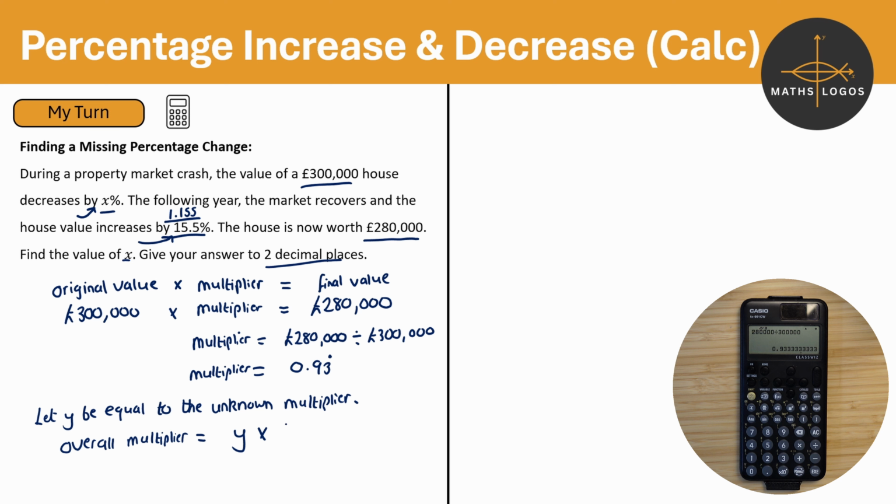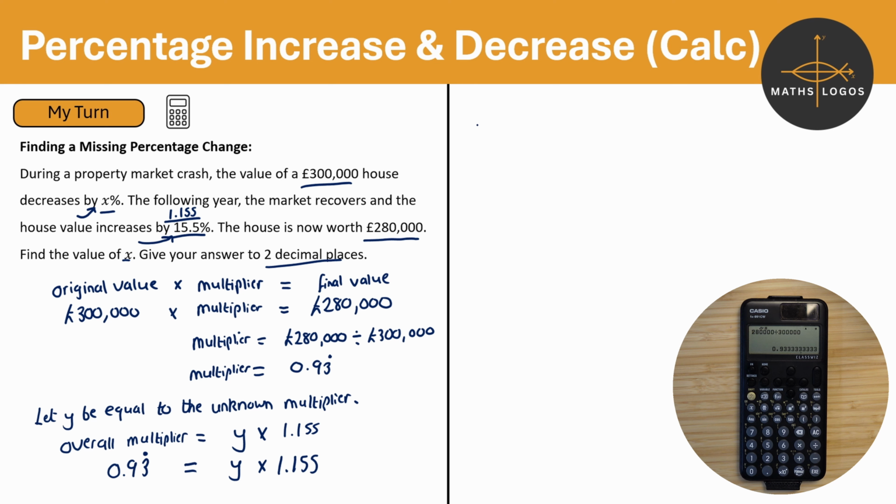So our unknown multiplier multiplied by 1.155 gives us our overall multiplier. And we know our overall multiplier is 0.93 recurring. So 0.93 recurring is equal to our unknown multiplier multiplied by our known multiplier.